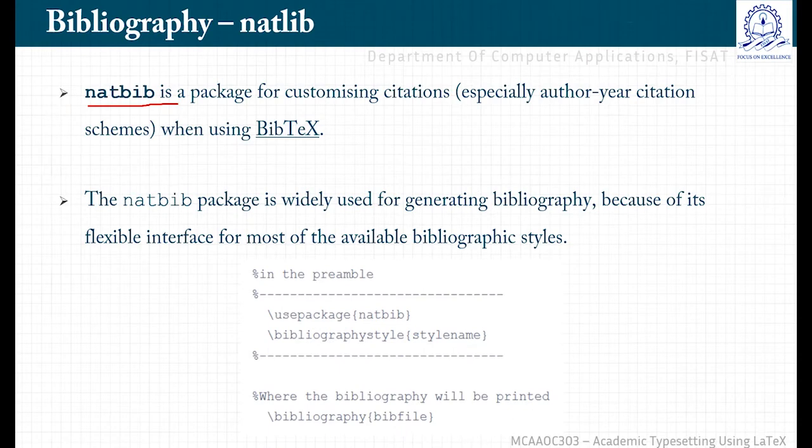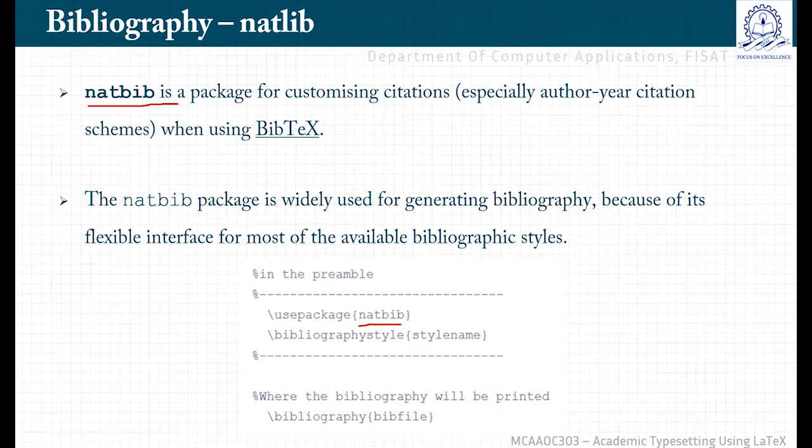In order to use a package in the LaTeX document, you have to specify the name of the package in the preamble section. So here we are specifying the name of the package, natbib, in the usepackage command. If your system doesn't have such a package and the system is connected to the internet, it will automatically download the natbib package from the appropriate repository.